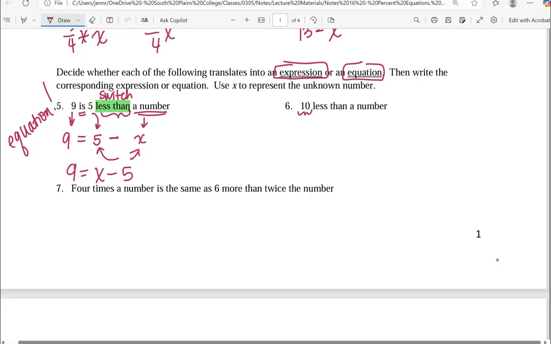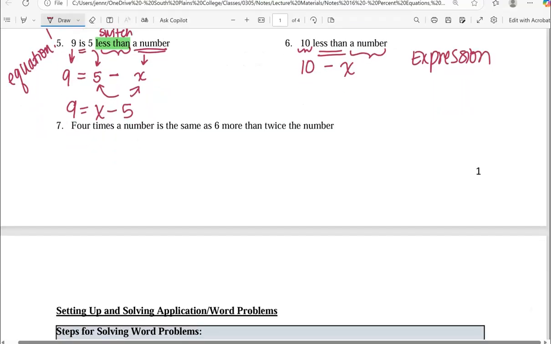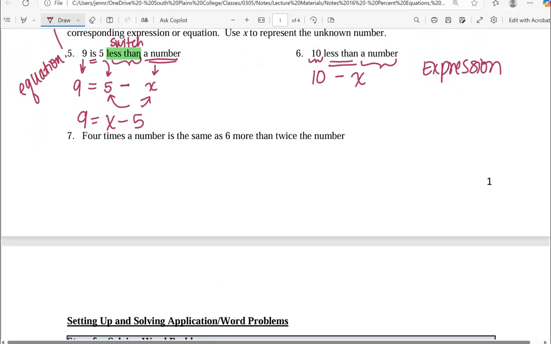Next up, 10 less than tells me to subtract a number. Nowhere in there did I see an equal sign pop up, so this is an expression. One more, just practicing our setup. 4 times a number. 4 times tells me to multiply. A number is x. Is the same as is my equal sign.